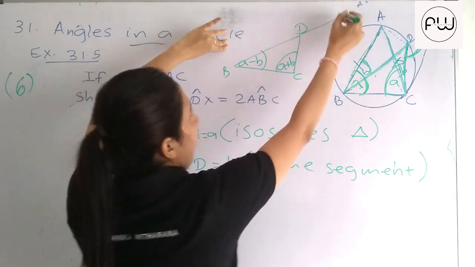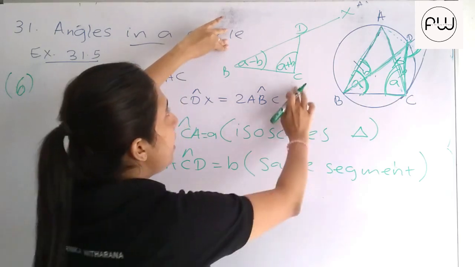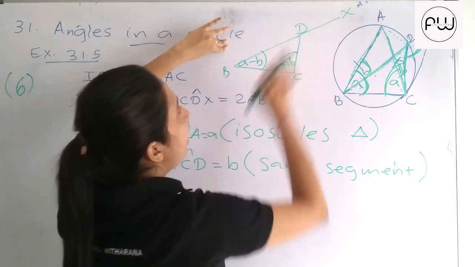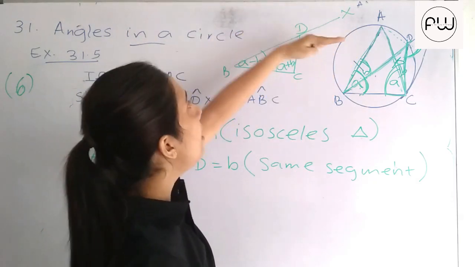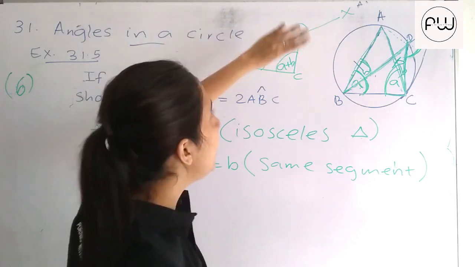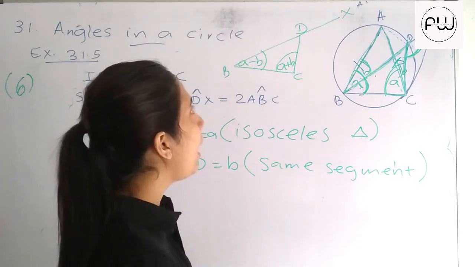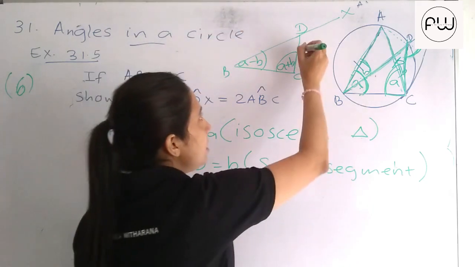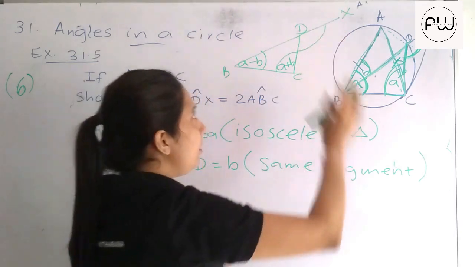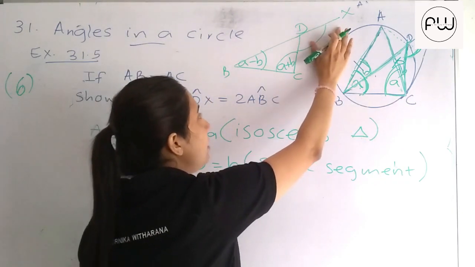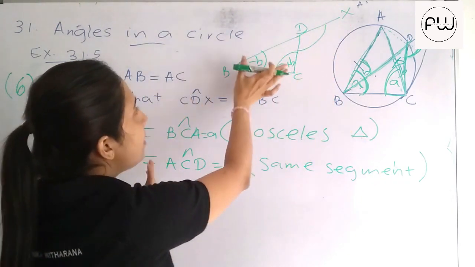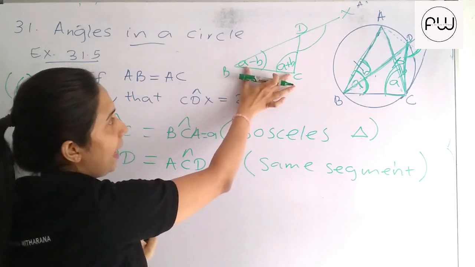So now in the BCD triangle, I told you CDX is an exterior angle of this BCD triangle. We have learned that the magnitude of an exterior angle of a triangle is equal to the sum of the two opposite angles.